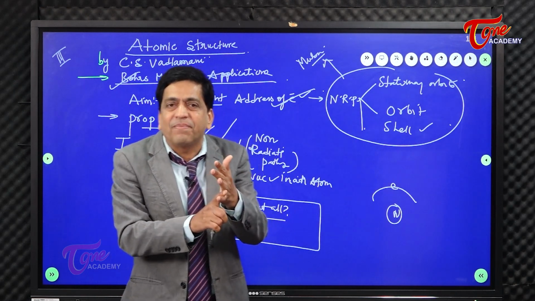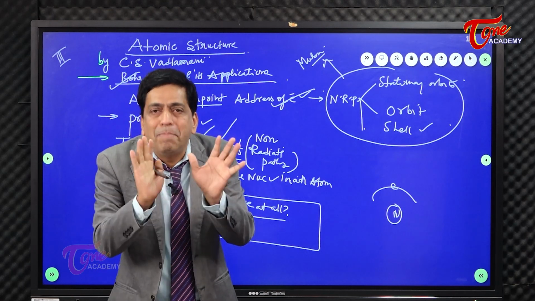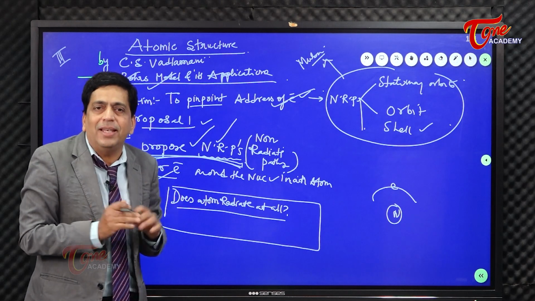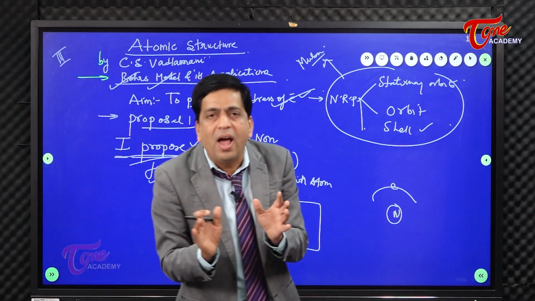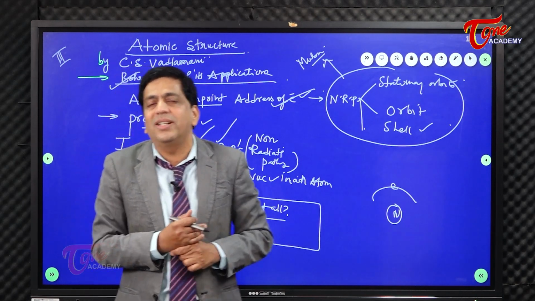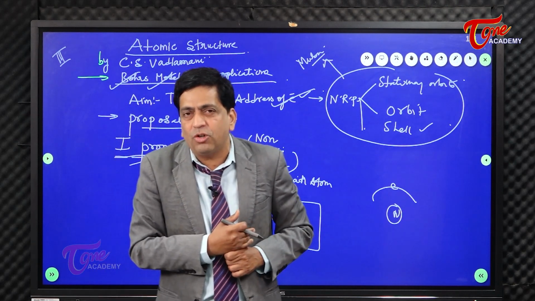So, shell, orbit, stationary orbit, NRPs were first proposed by Bohr. You must understand, these are the wordings proposed by Bohr, and synonymously I call this Mumbai, as I was telling you initially, to pinpoint the address of your friend. You must understand this, right?